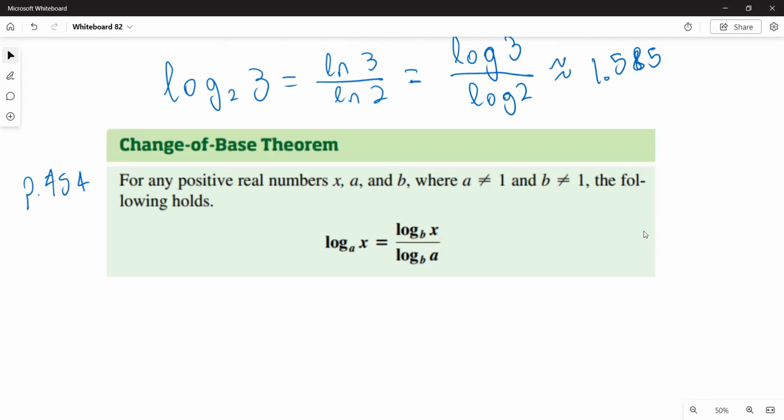For any positive real numbers x, a, and b, where a does not equal 1 and b does not equal 1, the following holds: logarithm with base a of x is logarithm with base b of x over logarithm with base b of a.